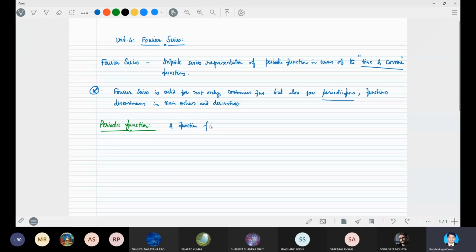A function f(x) is said to be periodic if f(x + T) = f(x) for all values of x, where T is some positive value.